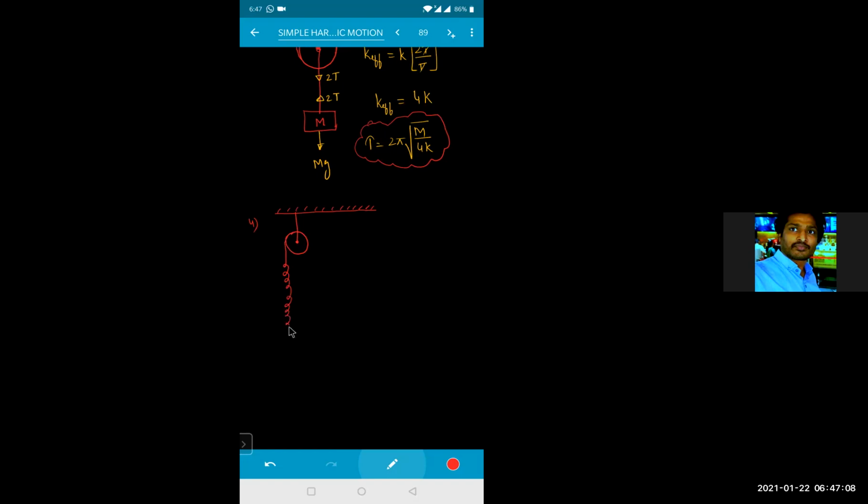And to this pulley, one block has been connected. This is a block of mass, say for example, capital M. And this string from here to here, it is coming like this. And this is connected to one more pulley somewhere here. And this is connected to this spring like this. And there is one more spring right now here, and this one is fixed here.